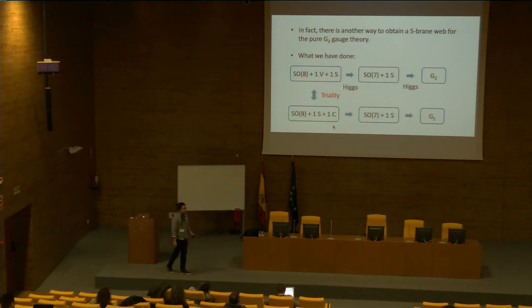What is interesting is that the web configuration for SO(8) plus 1 vector and 1 spinor and that of SO(8) plus 1 spinor and 1 conjugate spinor are quite different. So even if we perform the same Higgsing and should get the same pure G2 gauge theory, the web diagram is very different from the one we constructed before.